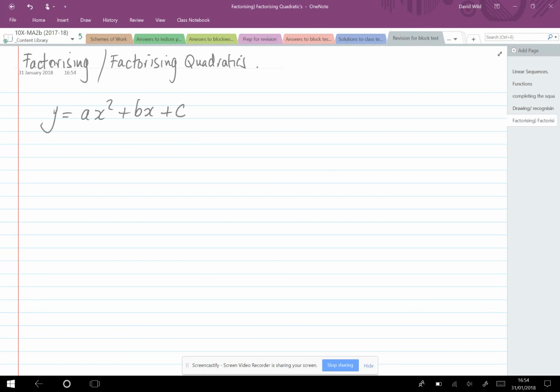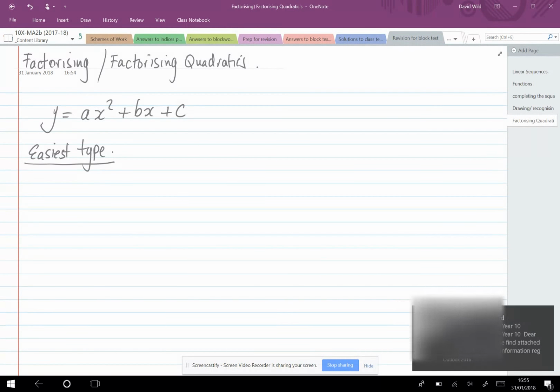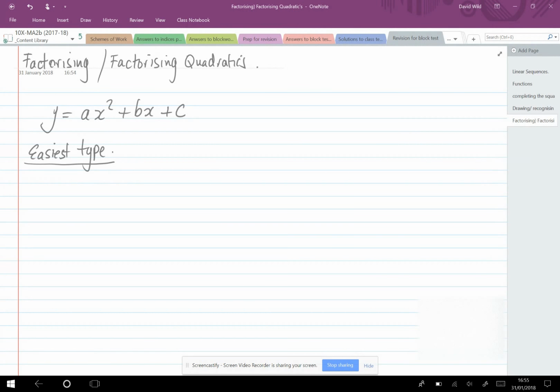And we might be trying to factorise this right-hand side here. What we mean by factorise is we're going to introduce different factors, in other words, things that are multiplied together, that are equivalent to this. Now the easiest type of these are where the value of c is naught.